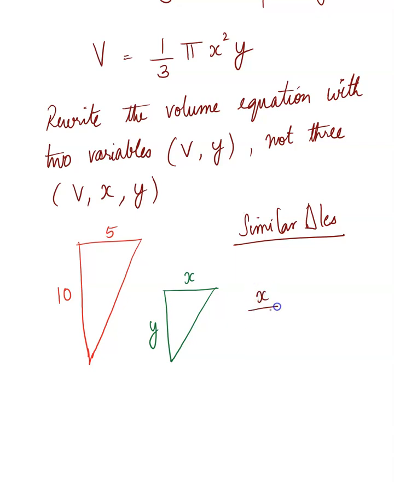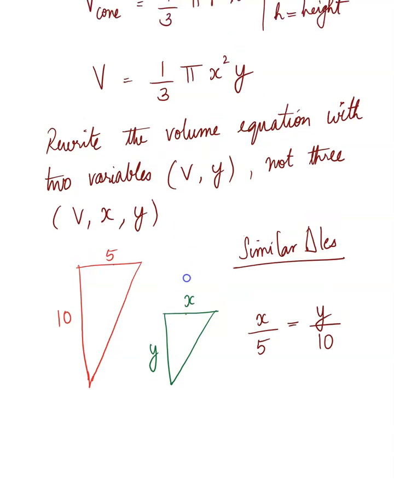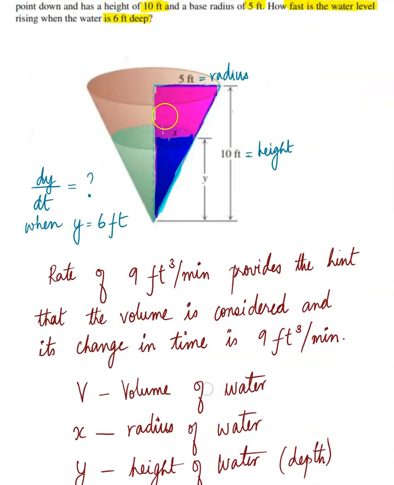So x over 5, this green radius over red radius, will be the same as the green height over the red height. This is from similarity of triangles. So basically x over 5 equals y over 10, and that's what we're trying to set up.